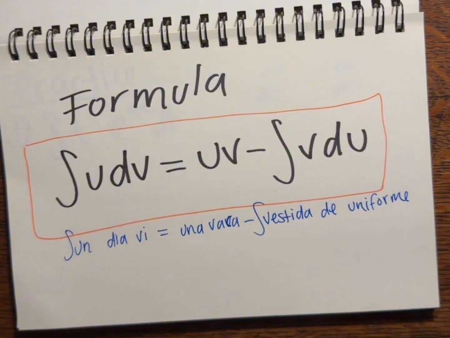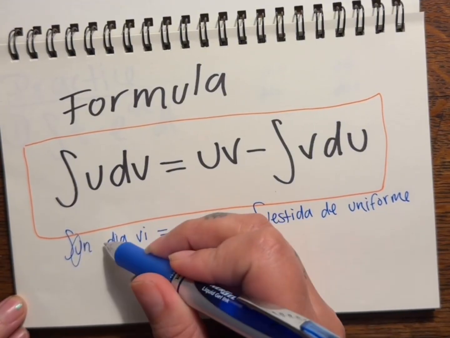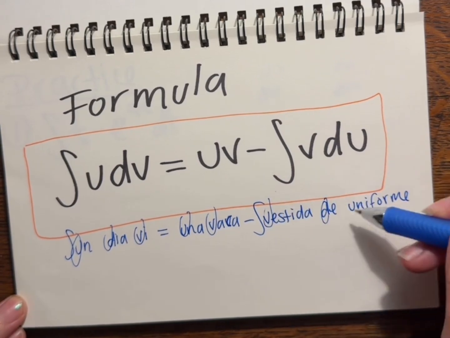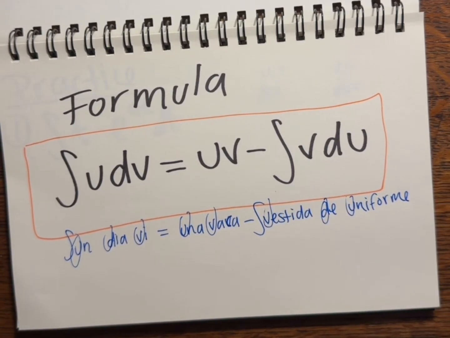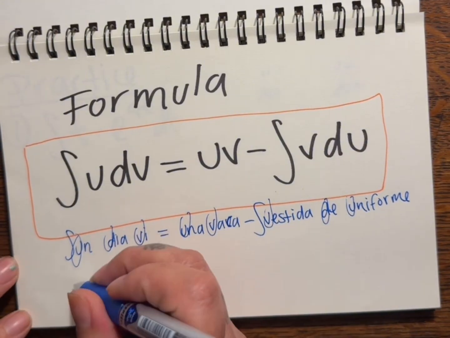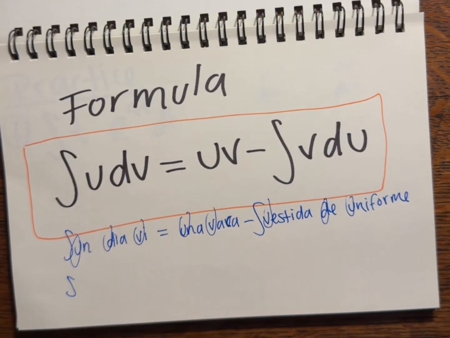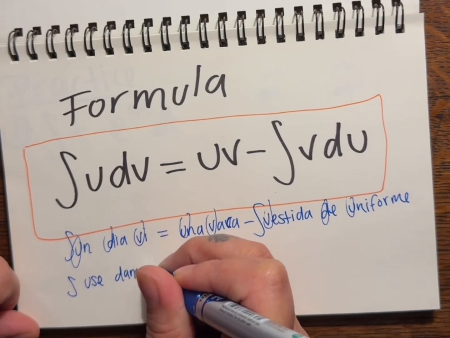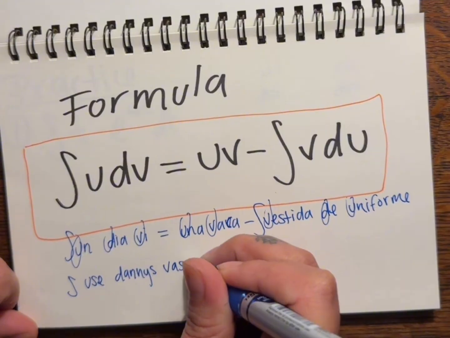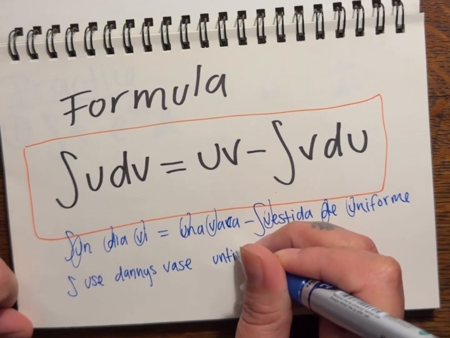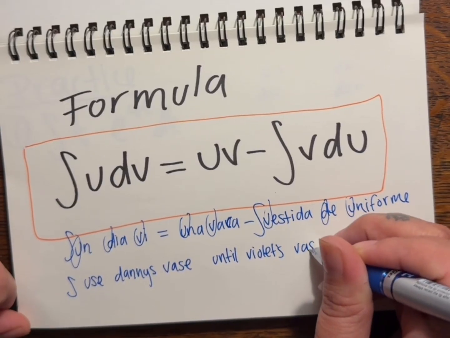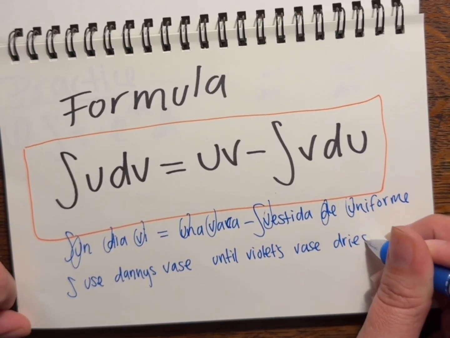And here you just need to remember this part and the equal sign, and then you have this here. And you could see the U, the D, the V, U, V, V, D, U. So this could help you memorize the formula. And another one that I came up with in English is: use Danny's vase until Violet's vase dries up.